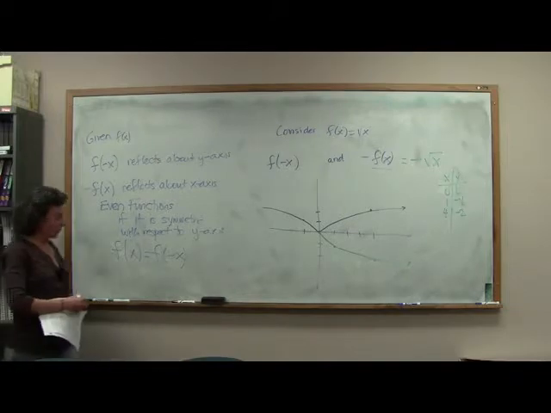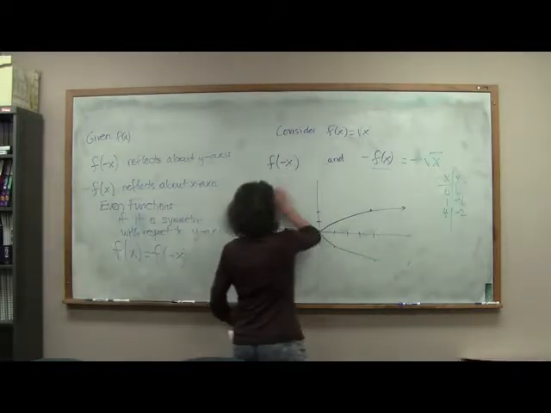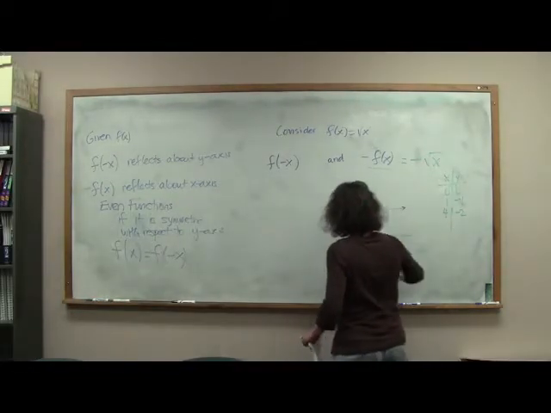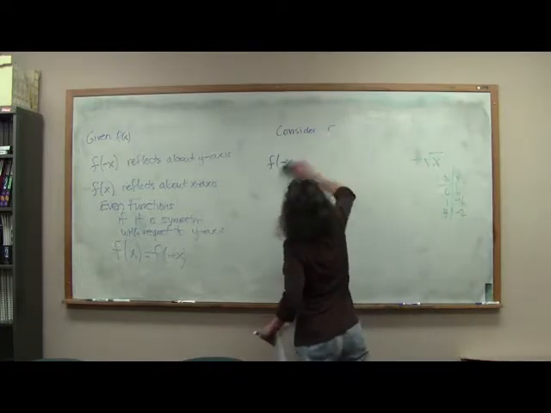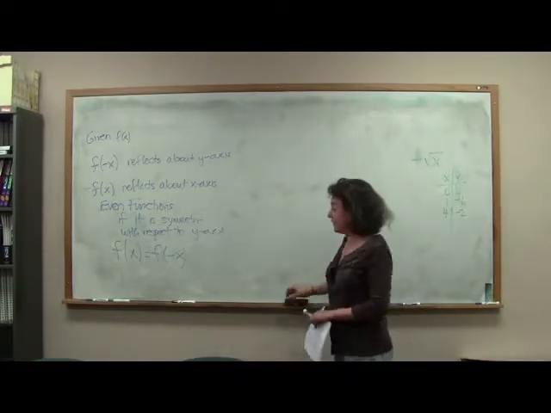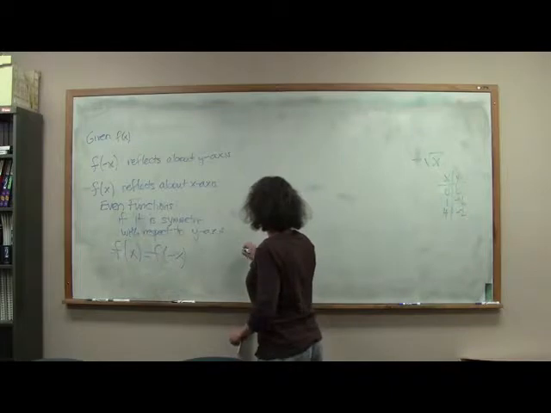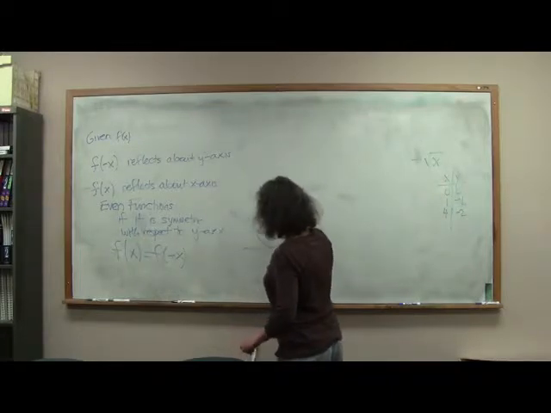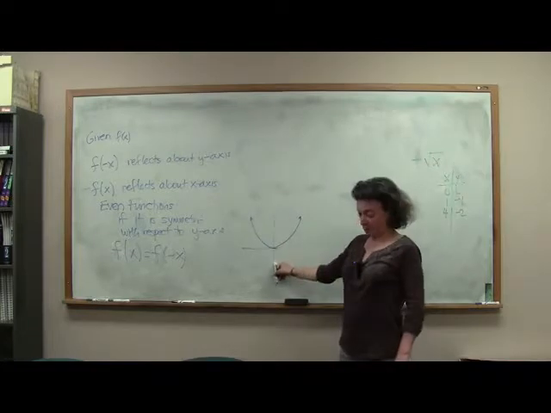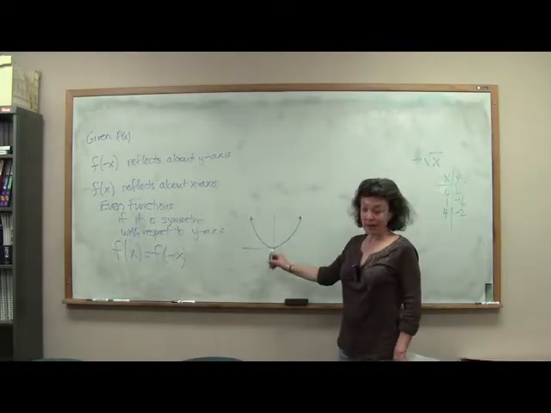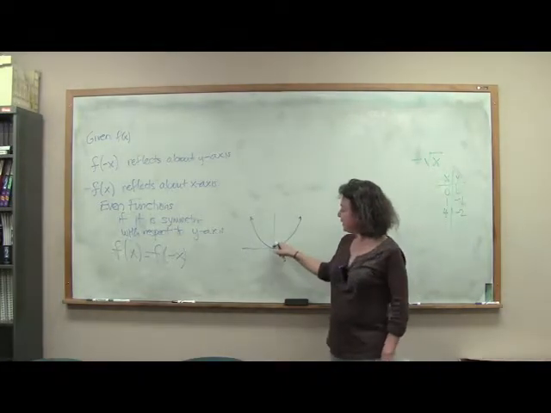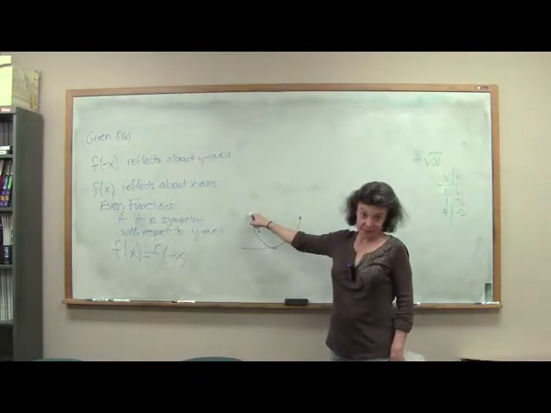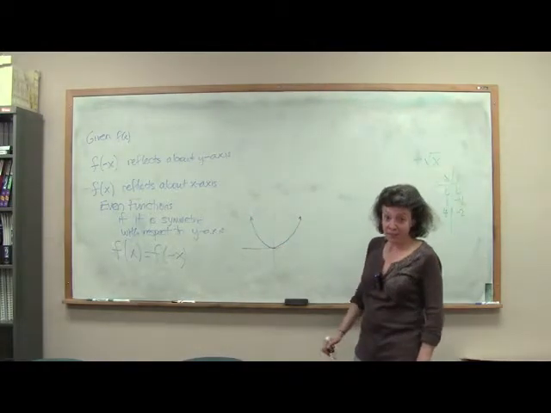Okay, I think our most classic example of an even function is our basic parabola y equals x squared. Okay? Notice if I was able to fold this along my y-axis, one side would fall right upon the other side. They're mirror images of each other.